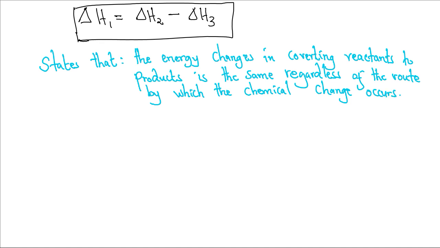So, formation of methane can pass through combustion of individual elements, then leading to also combustion of methane, and that connection brings a way of determining the enthalpy of formation of methane.